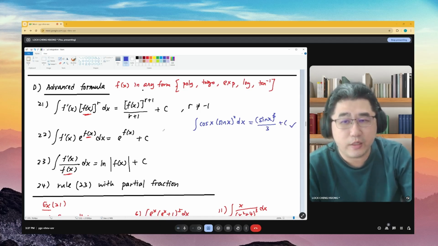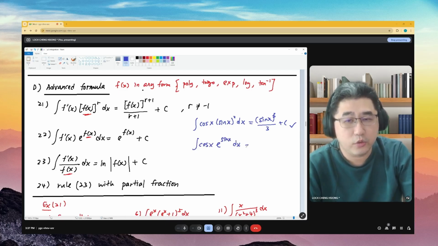Okay, similarly, if I have cos x e^(sin x) dx, you will see that it's matching with the formula. Then I will have e^(sin x) plus c.